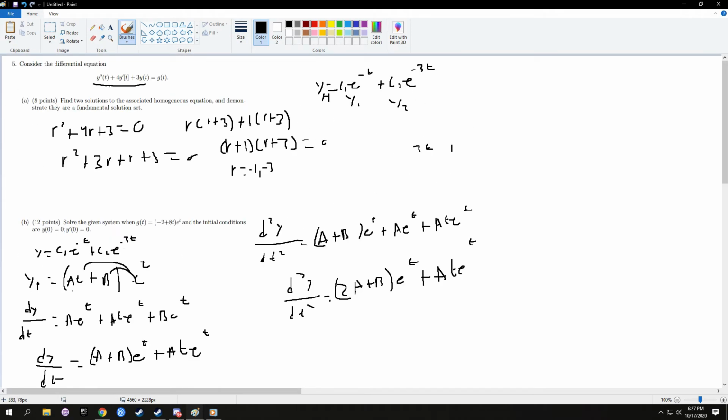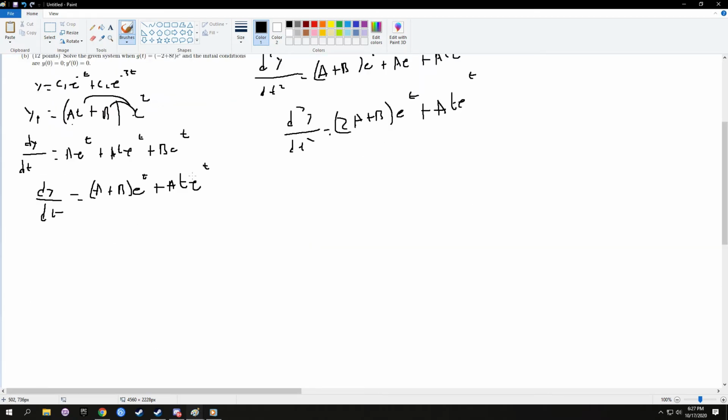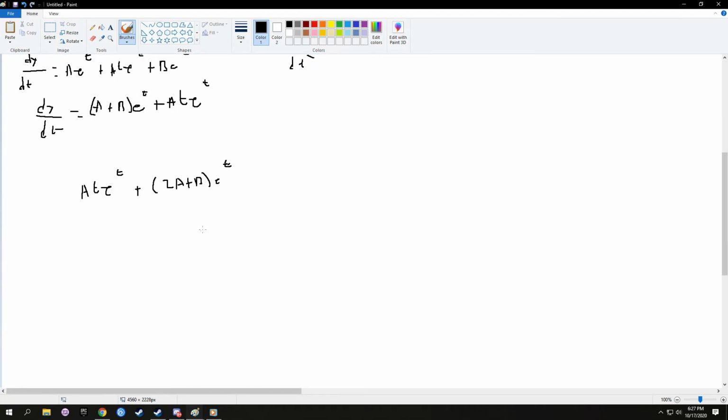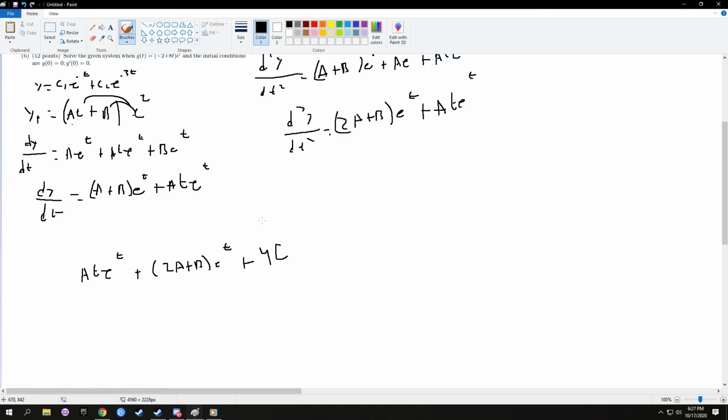So now I want to plug them back into this equation. We'll have at e to the t plus (2a plus b) e to the t. That's my second derivative. Now I'm going to add plus 4 times my first derivative, which is this.